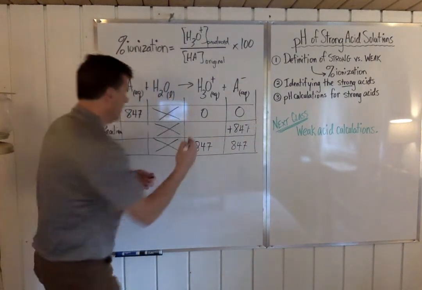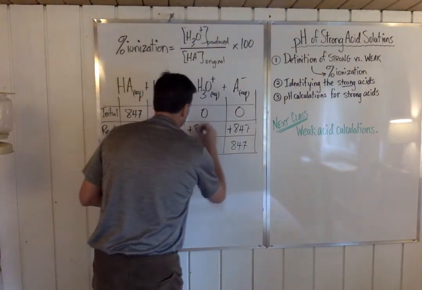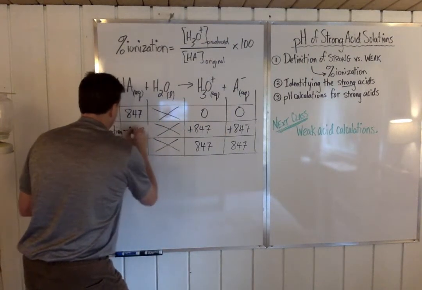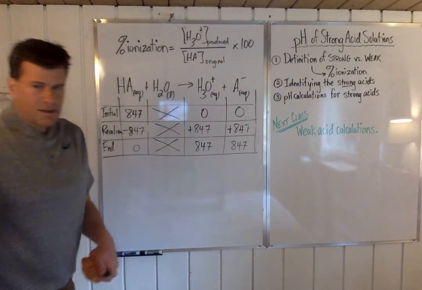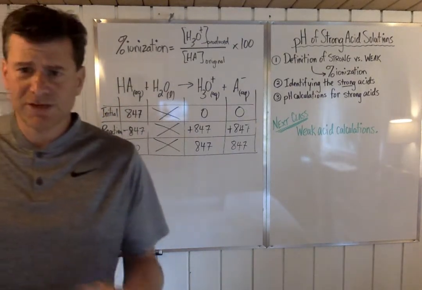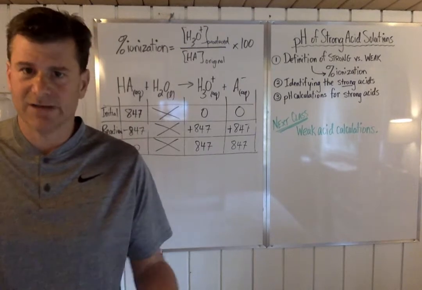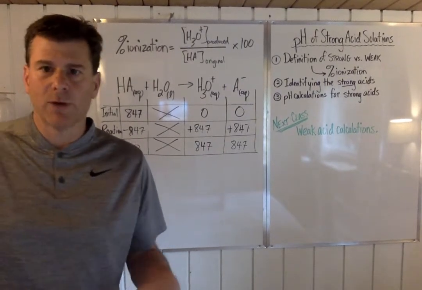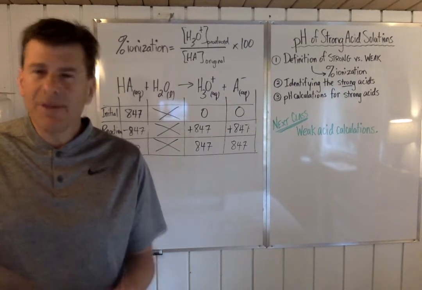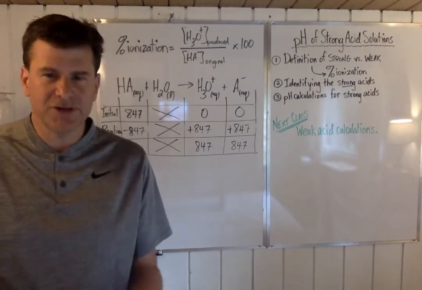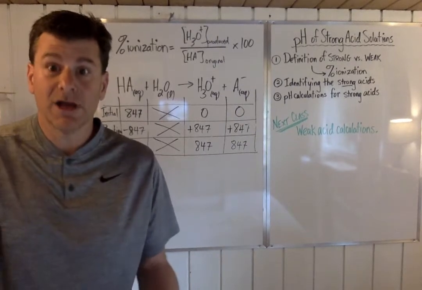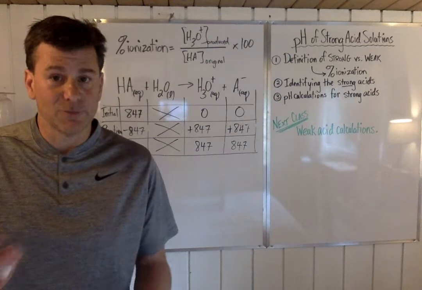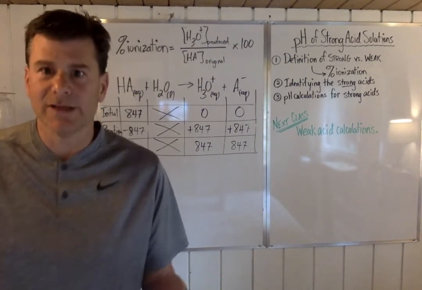Actually, before I do that, let me point something out to you. That looks very similar to what you do in Chemistry 11. In Chemistry 11, every single calculation you did, we assumed 100%. You always do that. You assume 100% so that one of the reactants disappears, and we call it the limiting reactant.